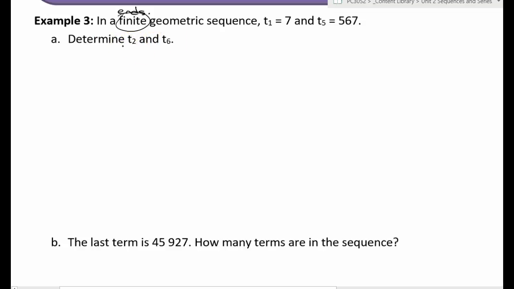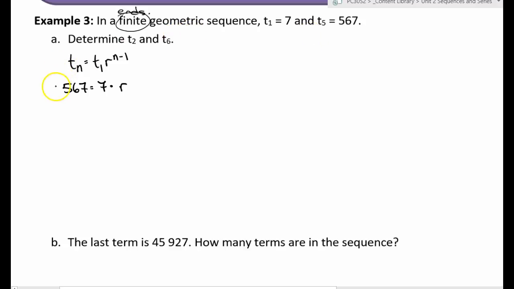Well, the first thing that we need to do, just like we need to find our common difference, is we're going to need to solve for our common ratio. So I'm going to use our equation. This is how I'm going to think about it. 567 equals 7 times r to the power of n, but n is 5, right?